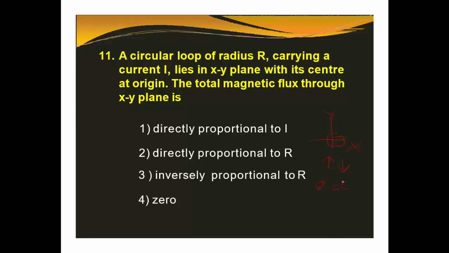If you take a pipe, how much water comes in from one end, the same water goes out from the opposite end, so the net water is 0. With the same thinking, the magnetic flux will be 0, because how much magnetic flux enters the plane, the same flux goes out. So the total flux is 0. With this, the option is the fourth one.